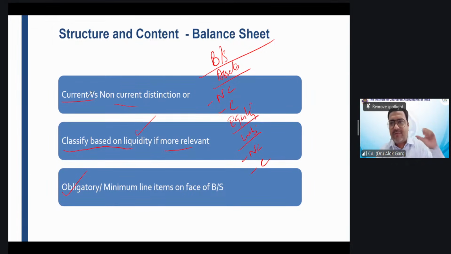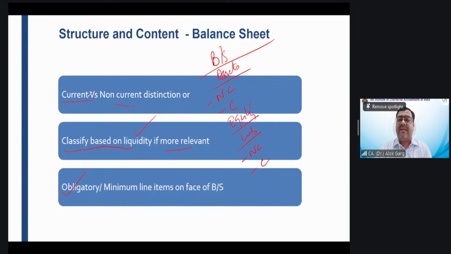So your AS1 is touching only a portion of one of the components of the financial statement. Notes to accounts is one of the components of the financial statement. Accounting policy is one of the sections of notes to accounts. So AS1 is only talking about a section of one of the components of the financial statement. But Ind AS 1 is talking about the entire presentation of financial statement, right?